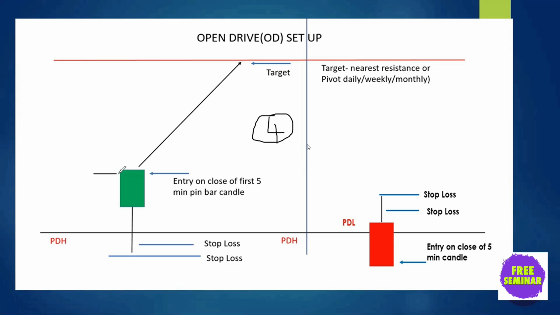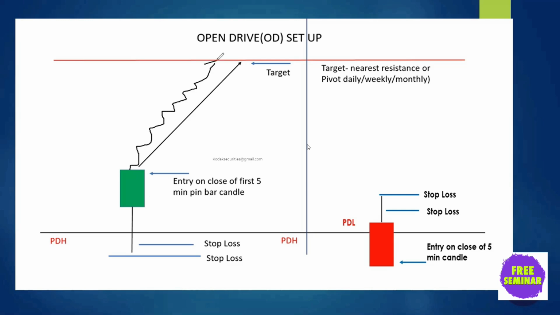First criteria, the candle has to be a bullish candle. Second criteria, the candle close has to be above the previous day high. Third criteria, the candle should have some support. The candle can have PDH support, daily pivot, or weekly pivot, any support. Fourth criteria, the candle should have room to move.